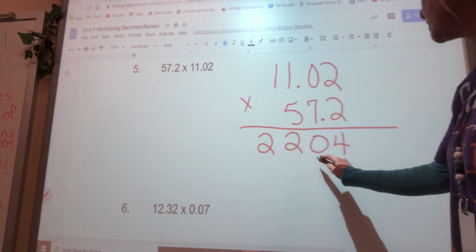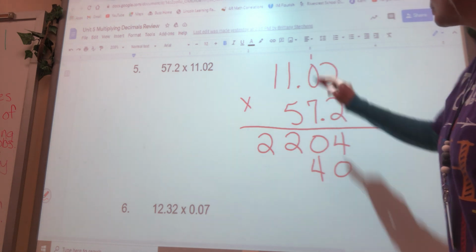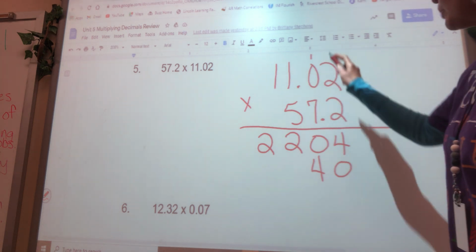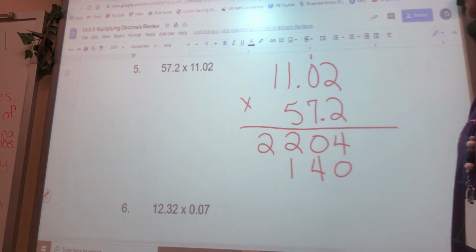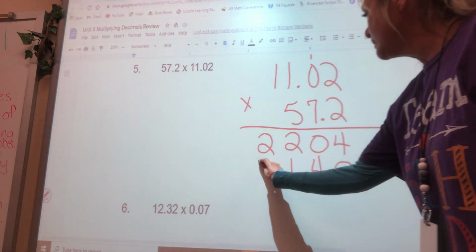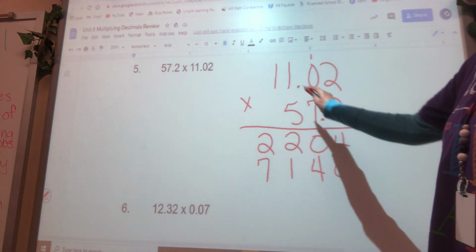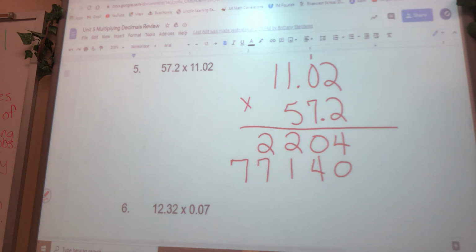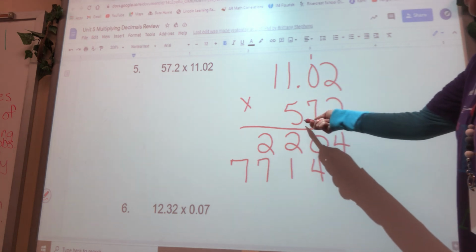7 times 2 is 14, carry the 1. 7 times 0 is 0, but the one that we carried is 1. 7 times 1 is 7, and 7 times 1 is 7. All right, now this is working with a little bit higher numbers. We have a third number here.